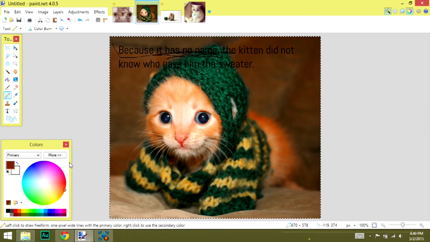And it has our subordinate conjunction, because. And if you think about it, if you just say the subordinate clause by itself, because it has no name, that is not a complete thought and it cannot stand by itself. So that's what makes a subordinate clause, in that it has a subordinate conjunction and it is not a complete thought. So that's a cute cat.